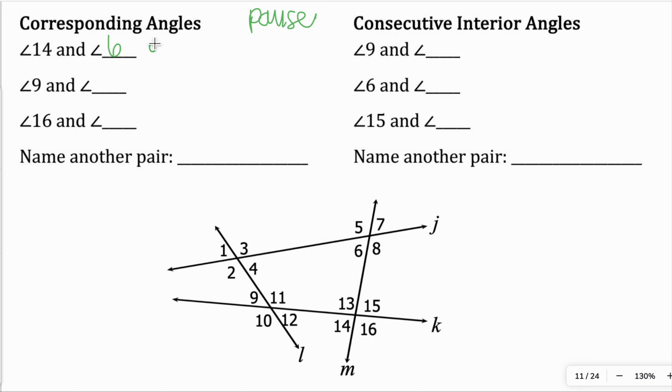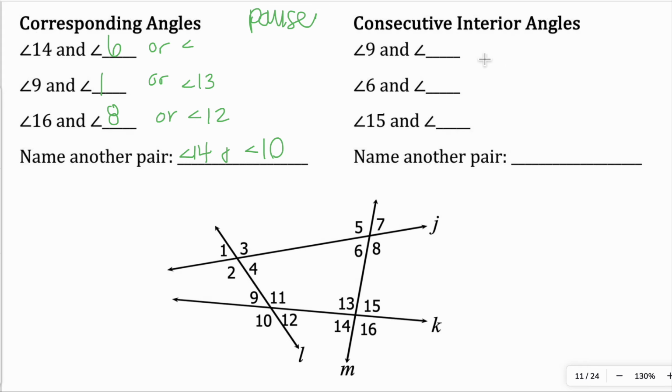You could also say angle 14 and angle 10 because they're both on the same side of their lines. Angle 9 corresponds with angle 1, but angle 9 could also be angle 13. Angle 16 corresponds to angle 8, but it can also correspond to 12.